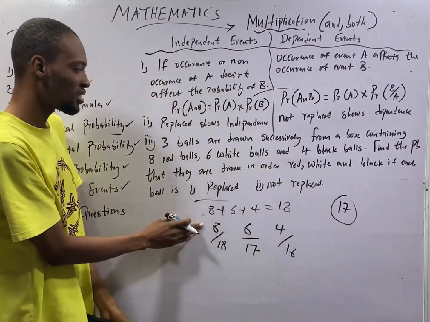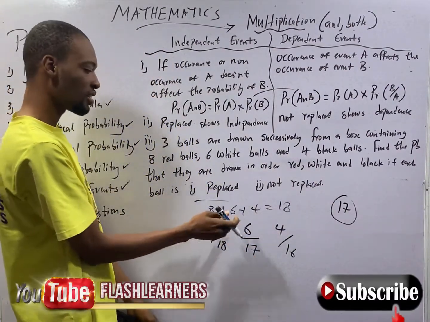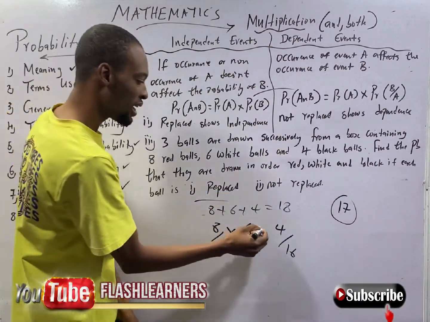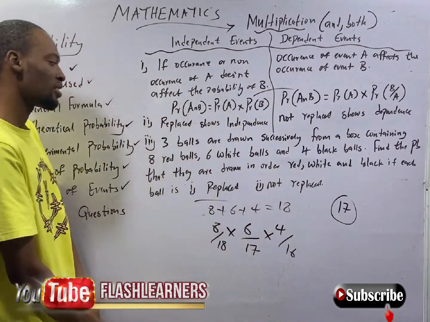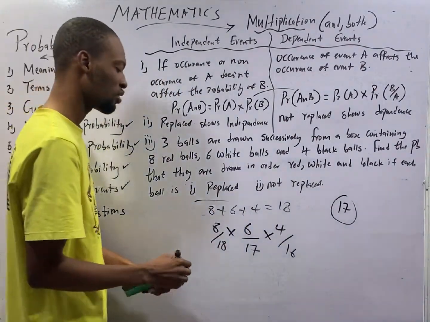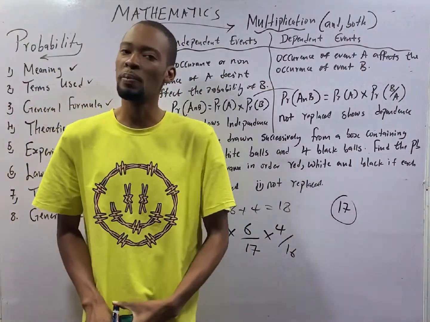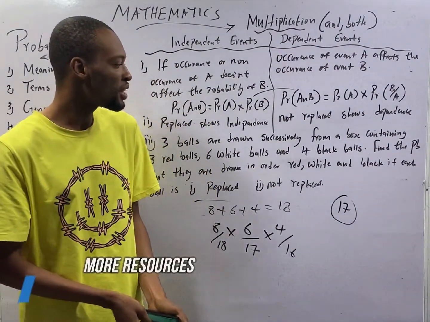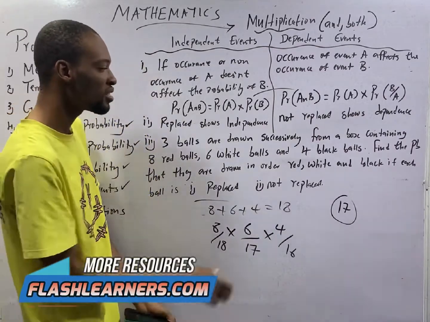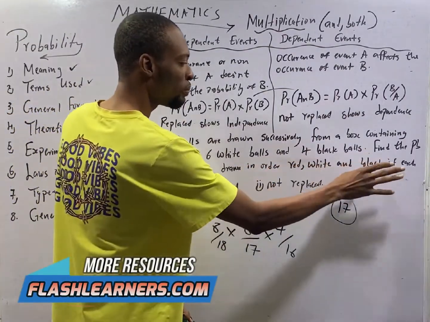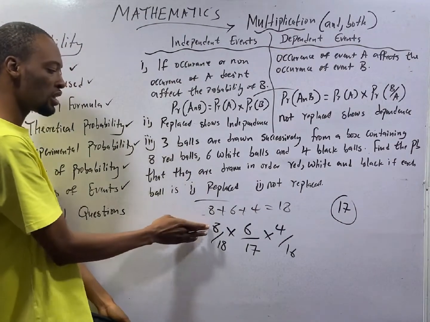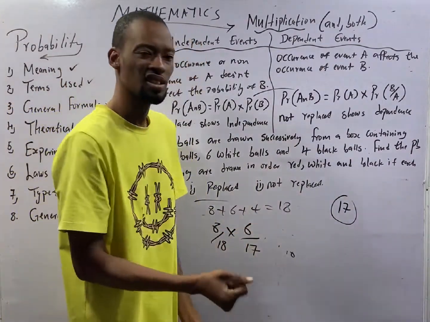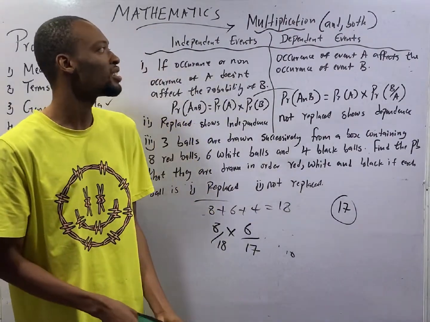So this is red 8 over 18 times white 6 over 17 times black 4 over 16. This is the probability of picking without replacement. Once you don't replace, the total balls begin to drop. And if you are told to find the probability of picking just red and white, and black is not included, it will be 8 over 18 times 6 over 17. So that is basically it.